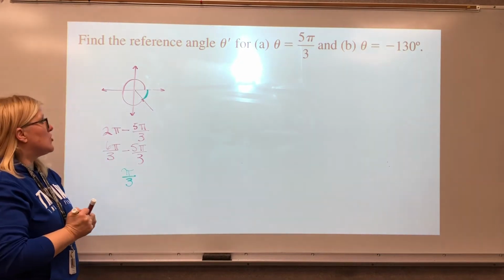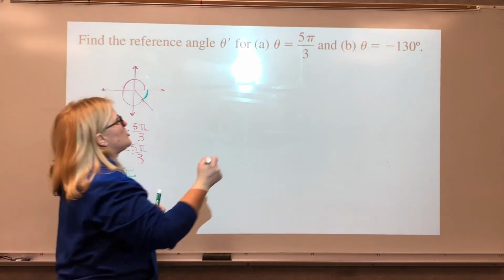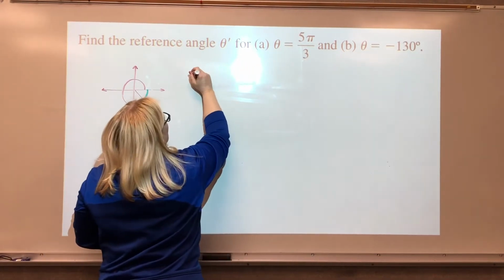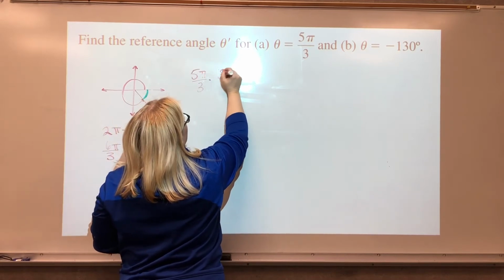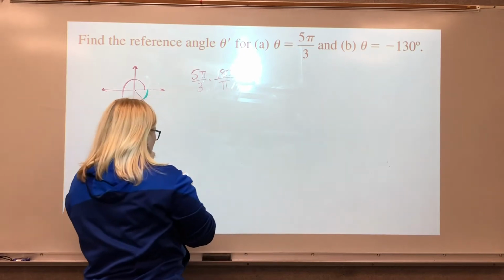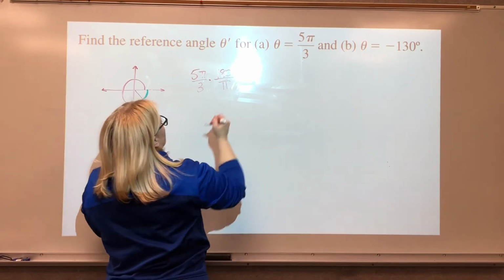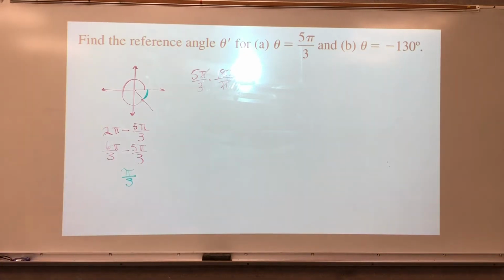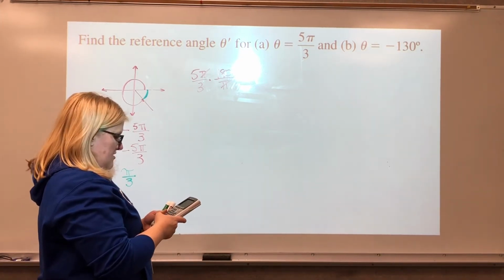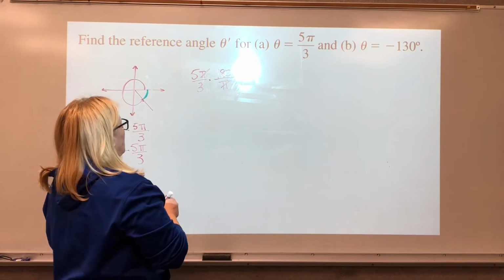Another thing you could do is change this to degrees. Sometimes it's a lot easier to see the reference angle. So 5 times 180 divided by 3 is 300.